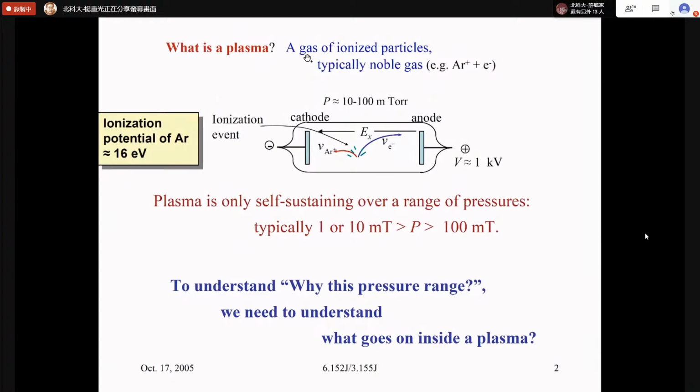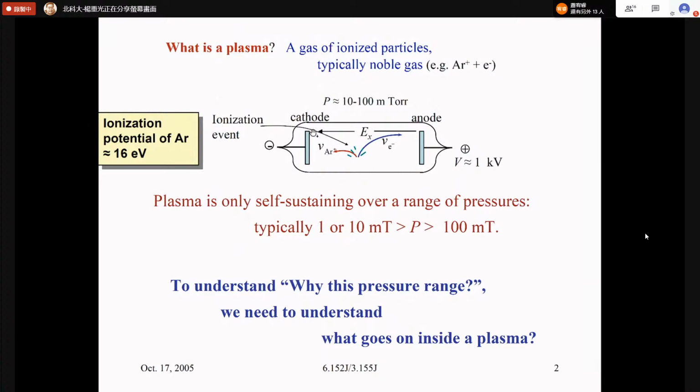A gas plasma is a gas of ionized particles, typically of a noble gas, and this is argon. We prefer using argon, with its electrons. We have talked about the plasma, and that it's an ionization process.